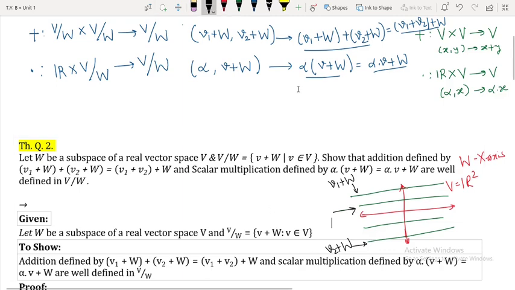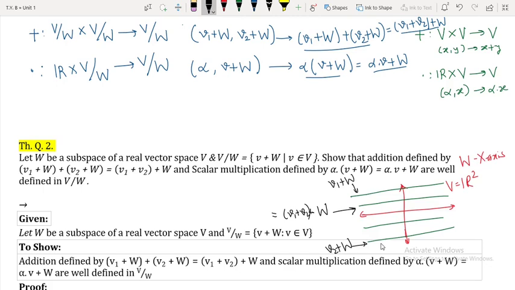Now see, every coset has a representative, as this coset is having the representative V1 and this coset is having representative V2. So similarly, whatever coset we are getting after adding these two cosets, it is also going to have a representative. That representative is nothing but V1 plus V2. Are you getting my point?